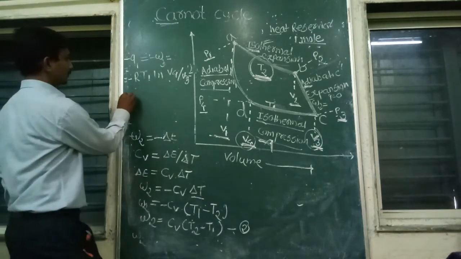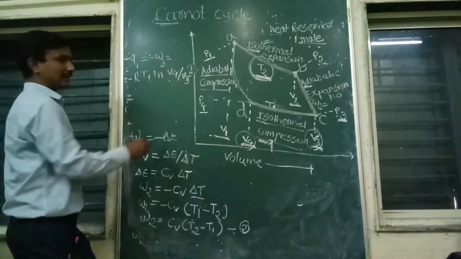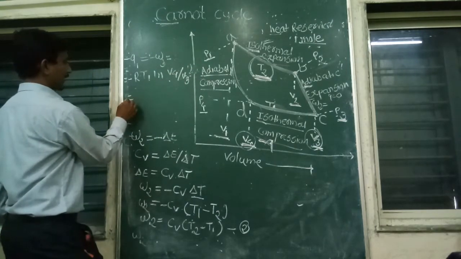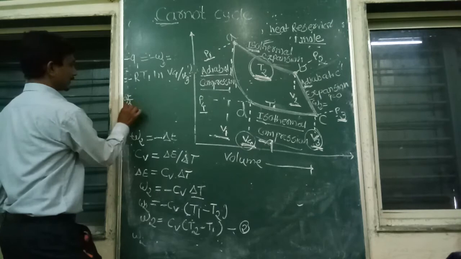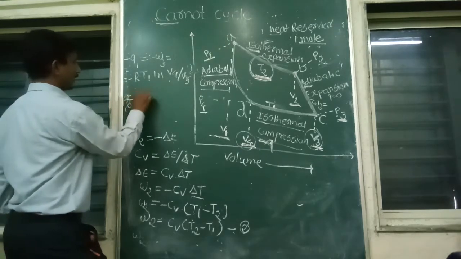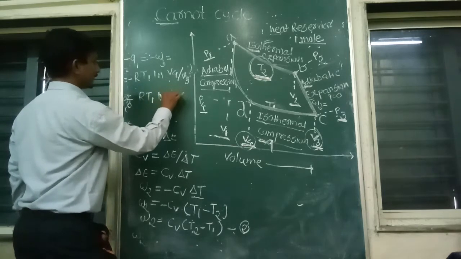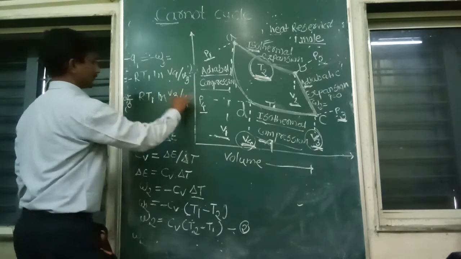Or this equation we can write by changing the V3 and V4 positions. We can write W3 is equal to RT1 ln V3 by V4.